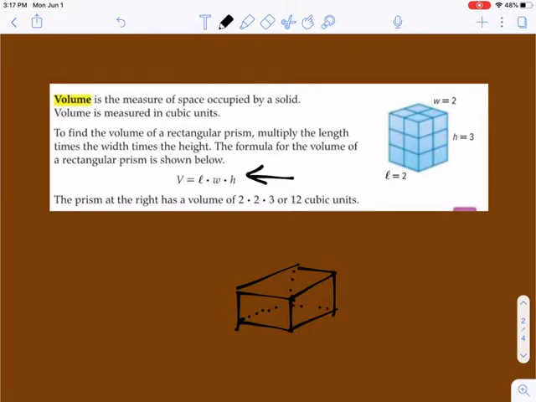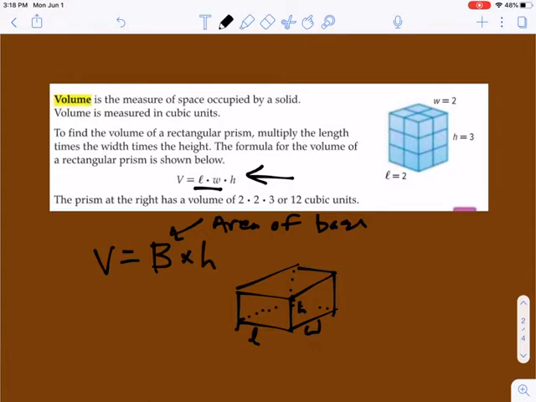You have your length, and you have your width, and you have your height. But another way I want you to think about it is the volume of anything is the area of the base, and that's what that big B stands for, times the height. And so that's where the length and the width come in. Length times width is actually the area of your base.